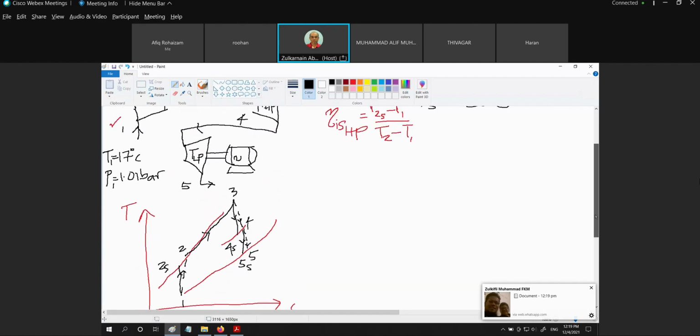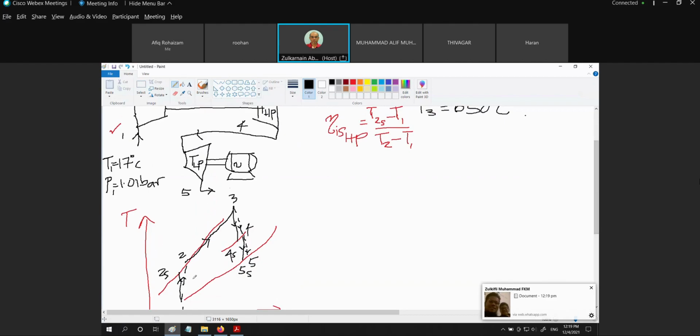So this is our equation. Where is our shorter line? T2s minus T1 divided by the longer line, T2 minus T1. Then from here, T2 is solved. Okay?